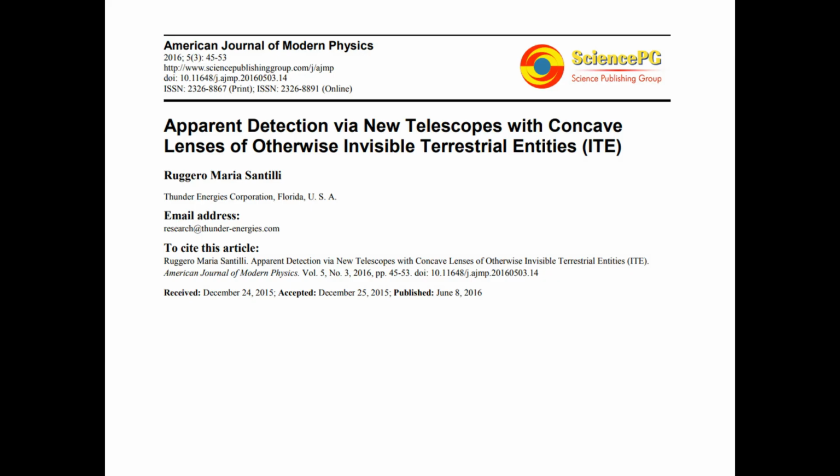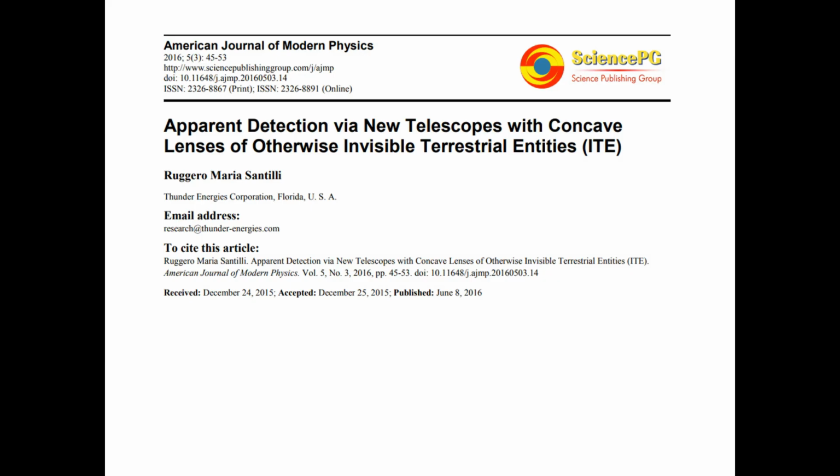He's come up with this idea of cataloguing different types of things you see flying around in the sky, and he's called them invisible terrestrial entities because they're invisible to ordinary photography with an ordinary lens, and they're visible with the concave lens.